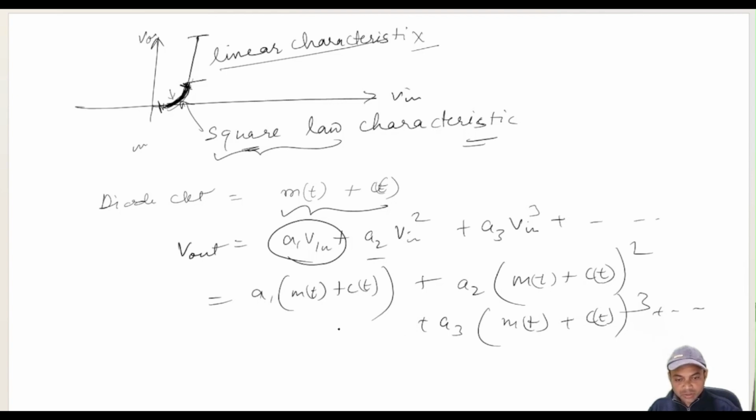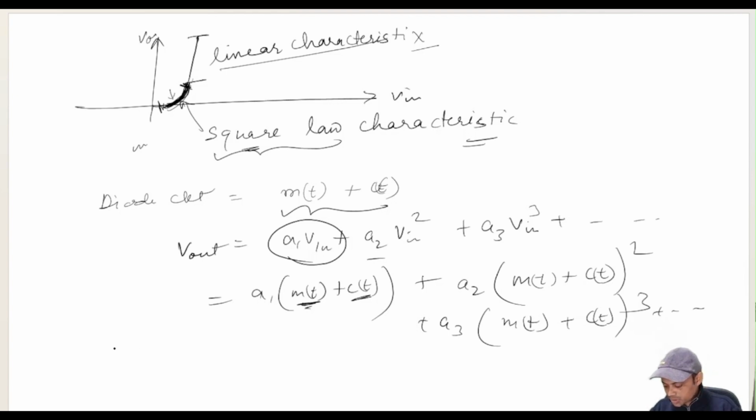We just put in the values of c(t) and m(t), and we will get the expression of AM. We will get not only the second-order terms, but also third and fourth and so on. But using a band pass filter, we will filter out all the high frequencies, and then we will get the AM output. I am explaining that.